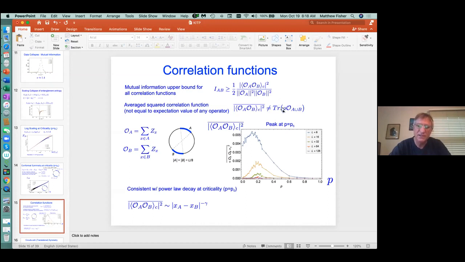And I should emphasize this average squared correlation function cannot be written as a trace of rho times any operator. And what one finds here is, as with mutual information, there's a peak at the transition. This peak gets smaller as the system gets bigger, and this is consistent, we believe, with a power law decay at criticality, which is not too surprising if one has a phase transition like this.